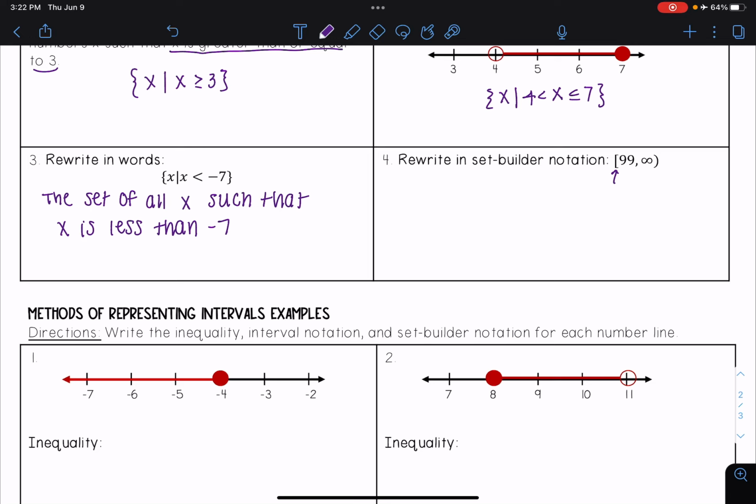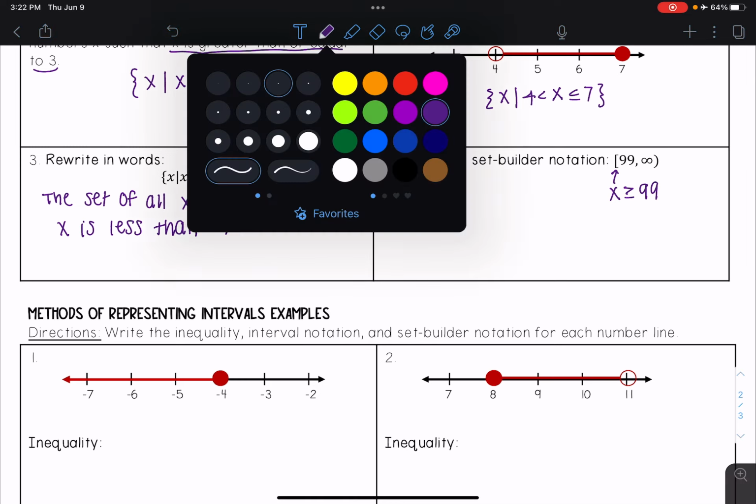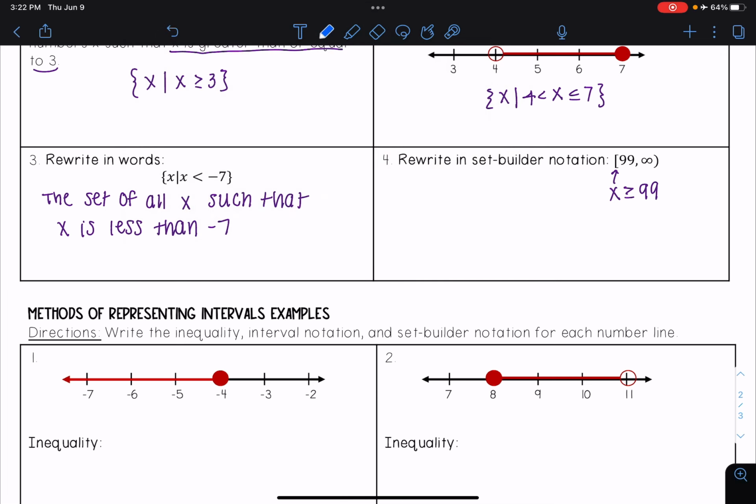So writing that as an inequality, this would be x is greater than or equal to 99. But now I want to rewrite that in set builder notation. So rewriting that in set builder notation, it's going to be x such that x is greater than or equal to 99.